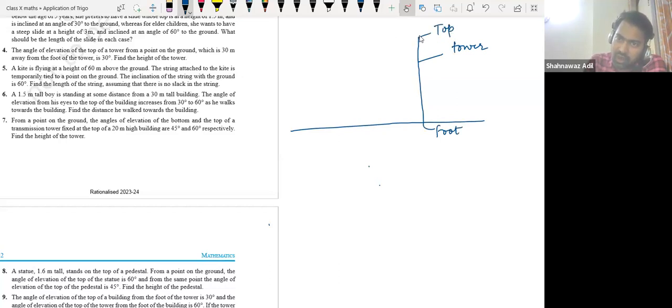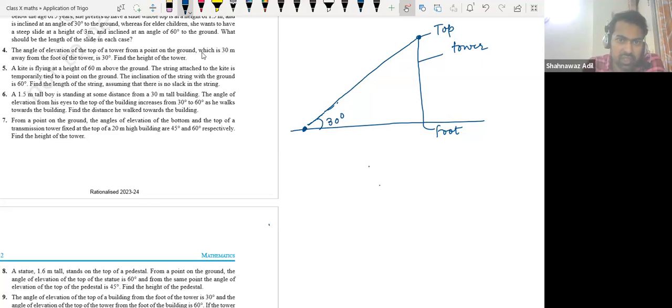Now there is a point on the ground. From this point, we have the angle of elevation, so we are looking up, right? This angle is 30 degrees.